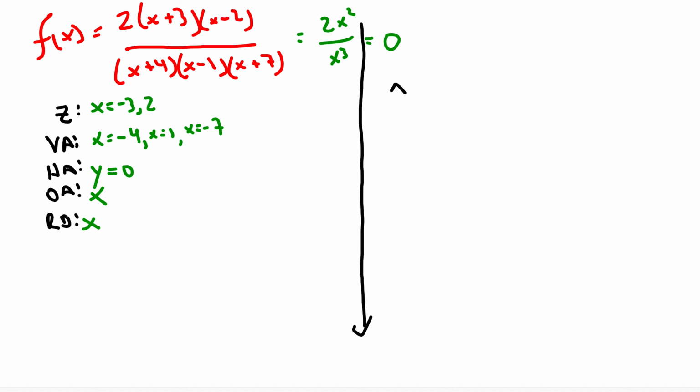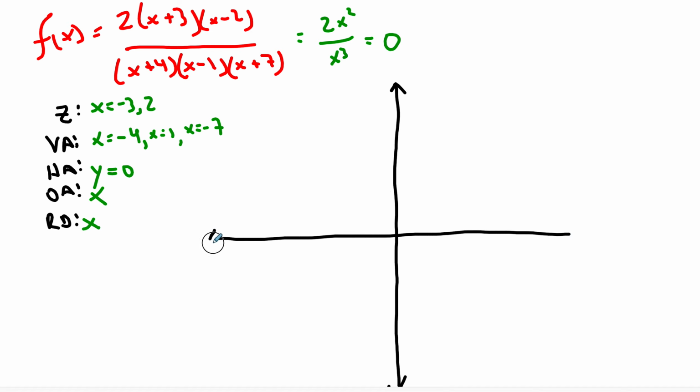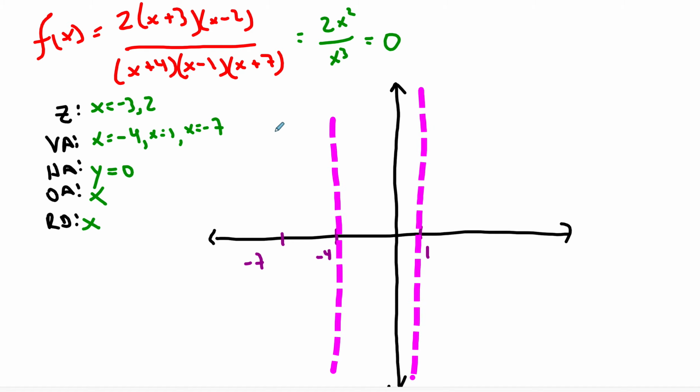That means we're going to split this graph into regions marked by the vertical asymptotes, at -4, -7 and +1. These are vertical lines where the graph is not going to cross. So in this case, I have 1, 2, 3, 4 regions of the graph I'm going to need to account for.